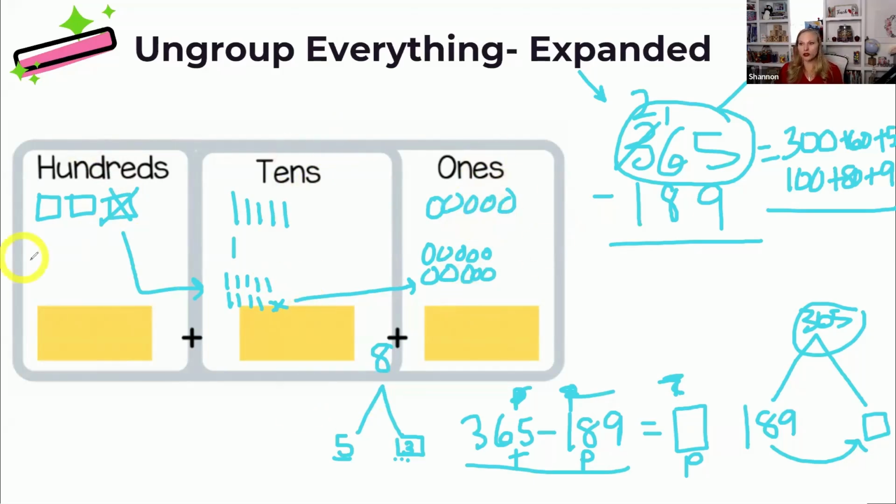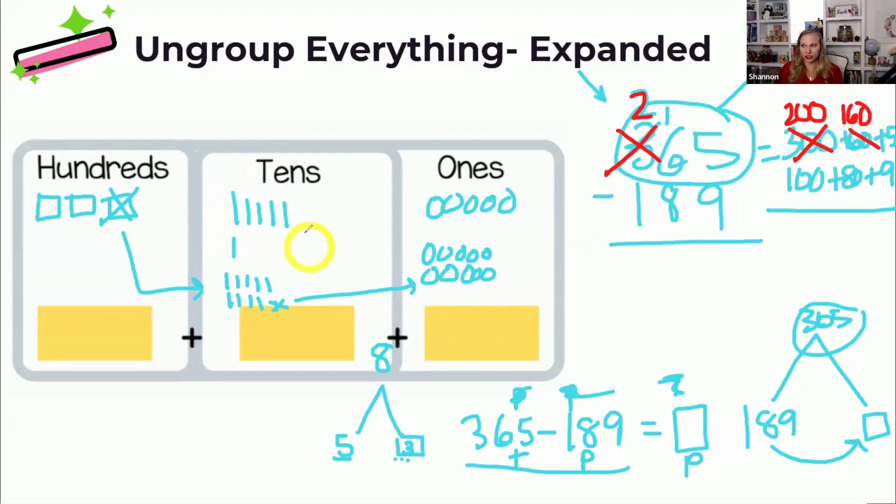So let's do our ungroup everything. So in this case, I ungrouped the 300s, and now I had 200s. If I do it and expand it, I see the whole number. I ungrouped, so I don't have 300s. Now I only have 200s, because look, I only have 200s over here. And I gave that 100 over here to the 60, which means now I have 160.